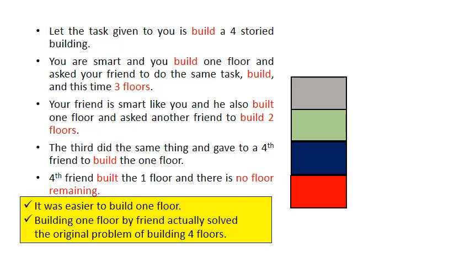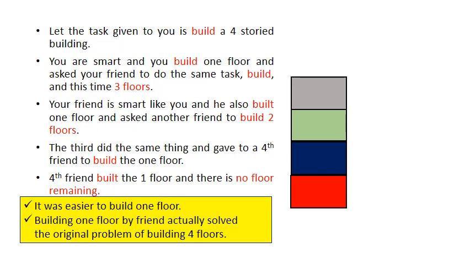For example, you're given a task of building a 4-storied building. Now what you do is you build one floor and give the rest of the building to be completed by another person, P. P does the same thing and passes the unbuilt portion to Q. And this continues until there's no more floor to build.